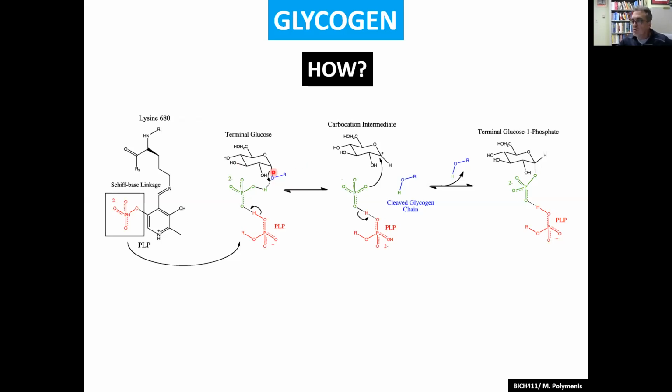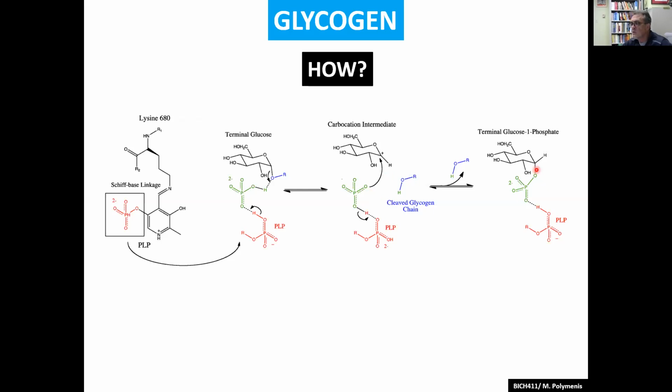Once this bond is broken, the phosphate will attack. Once the terminal 1,4 bond is broken on a glycogen chain, you have a carbocation intermediate at the 1 position, which really wants to be attacked by this phosphate.